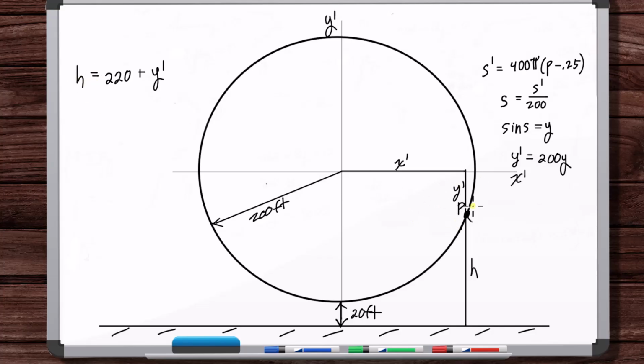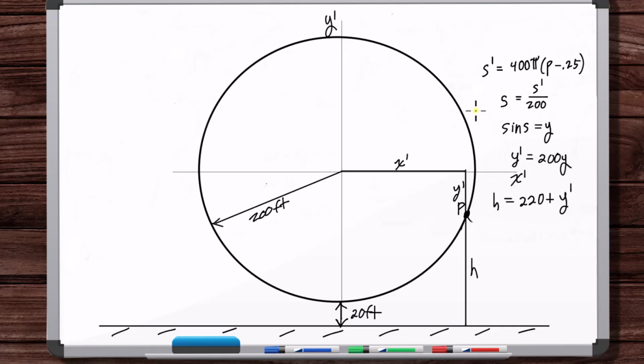I'm saying add because here y prime would be negative, so we would get 200 plus 20 and then this would end up being minus. But if y prime was up here, you would take 220 and add y prime to it. So H is equal to 220 plus y prime. Okay, there we go.